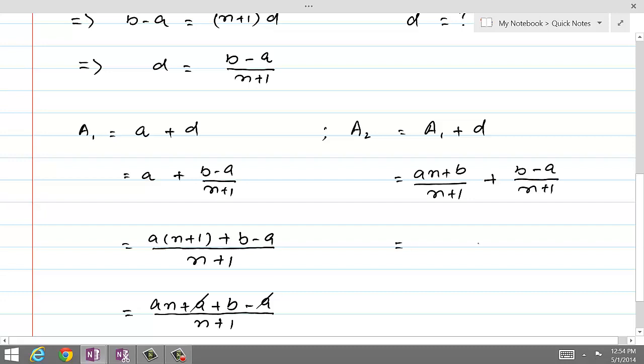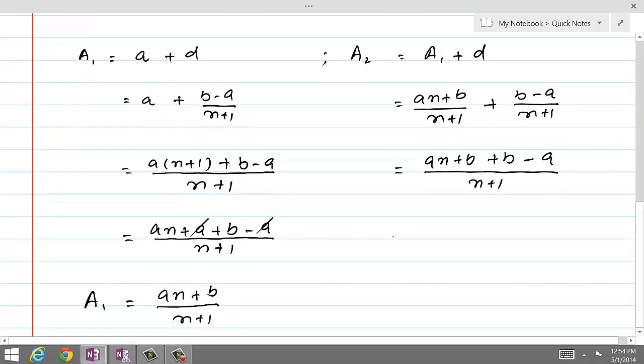We have n plus 1 as common LCM. So let's write this down: n plus 1, and here this is an plus b minus a. And this time if we take a common, this will be a times n minus 1 plus 2b over n plus 1. This is the value for a2.